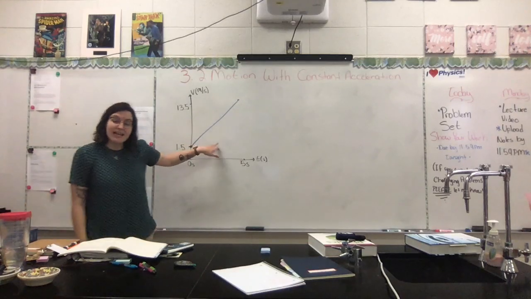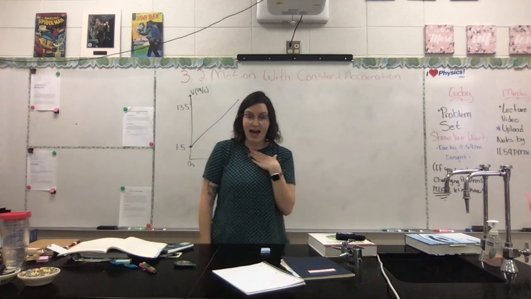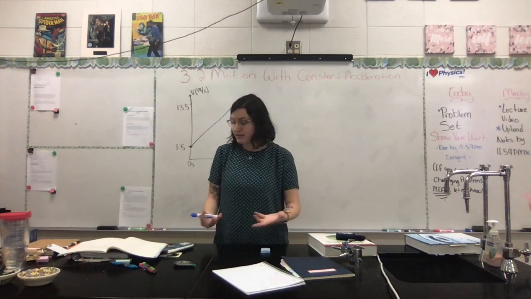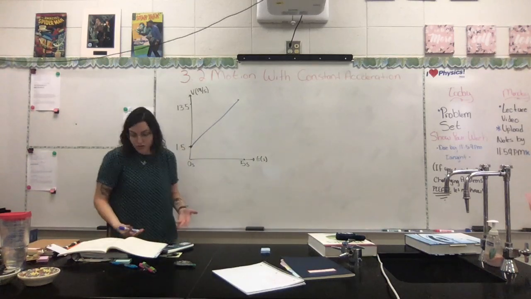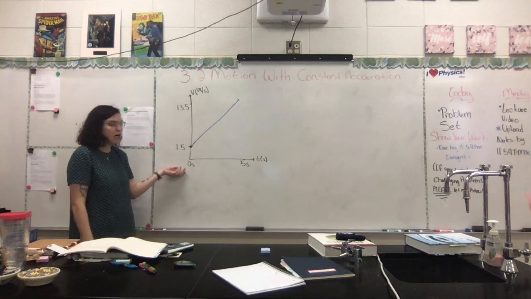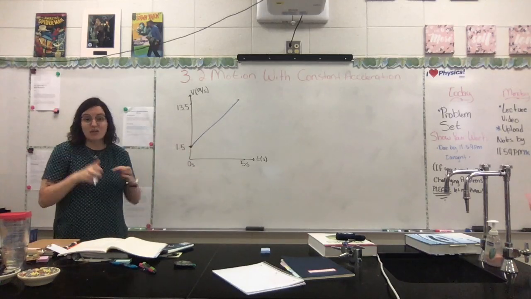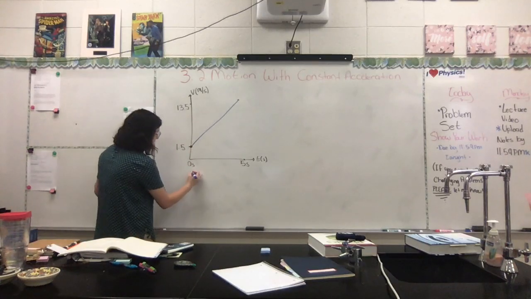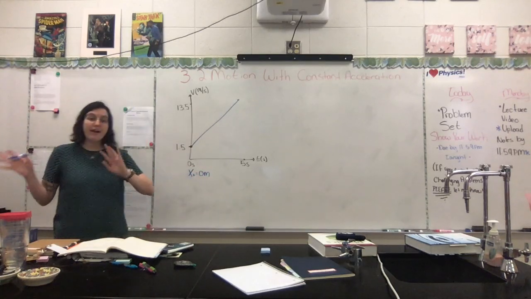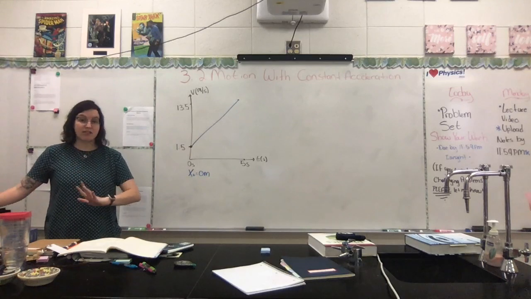Now we're given this, and we are asked to find the position of this object. We're told that at time equals 0, x naught is equal to 0. So it's starting off at 0, okay? So we don't need to worry about adding on any initial positions at any point.